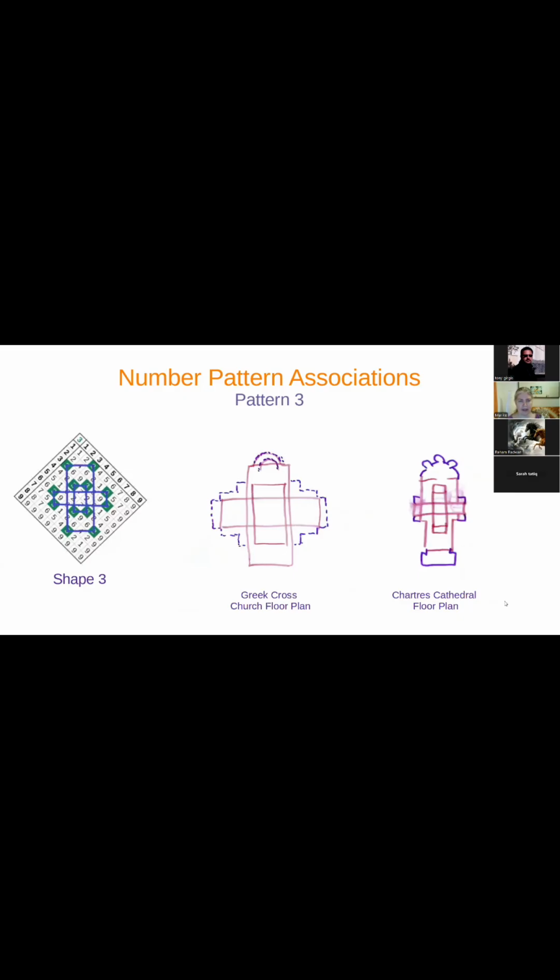Then further association with pattern number 3, where when I connected them in this way, we see a lot of different types of rectangle. I saw in it the Greek cross of church floor plan, as well as the floor plan of the Chartres Cathedral in France. There might be other church plans that fit that pattern.